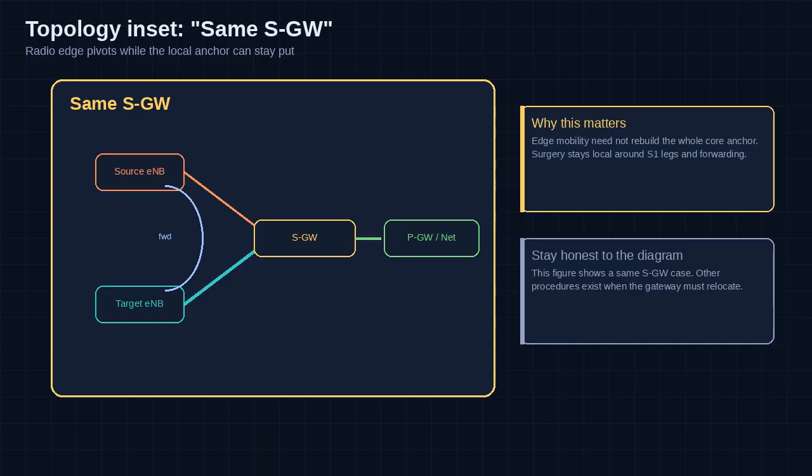It does not prove every handover keeps the gateway. Other procedures exist when anchors must relocate. For this execution picture, the takeaway is architectural calm in the middle of radio change. The internet-facing side can stay steady while the last-mile radio ownership flips. The traveler changed stations. The regional sorting facility stayed put.